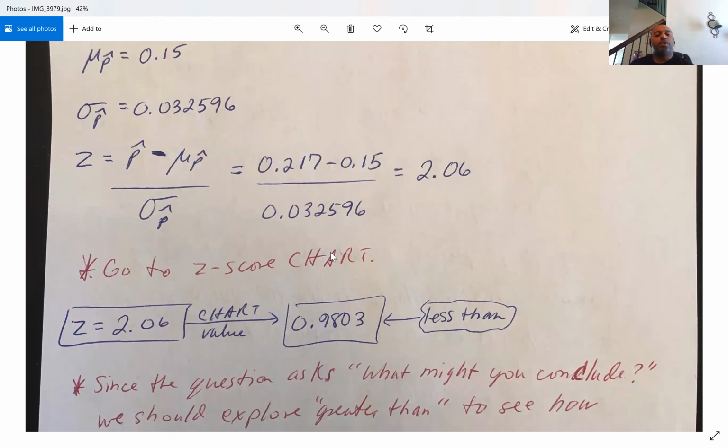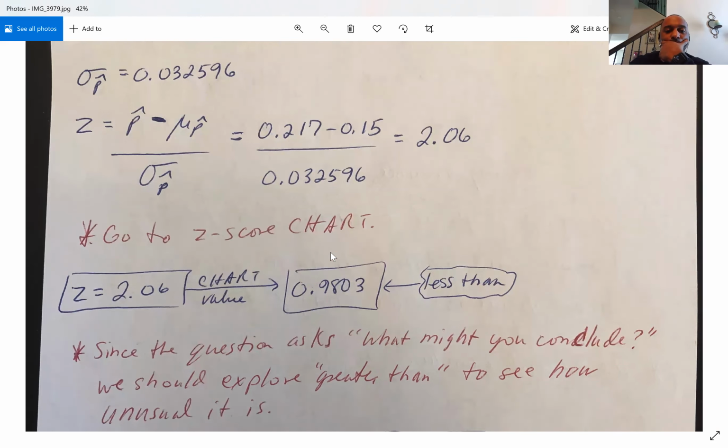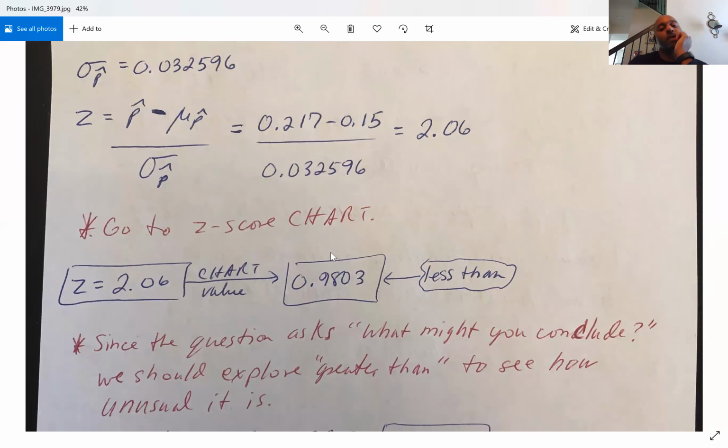All right, go to the z-score chart with 2.06. That will give you a chart value of 0.9803. Once again, that represents less than. Since the question asks what might you conclude, we should explore greater than to see how unusual this occurrence is.